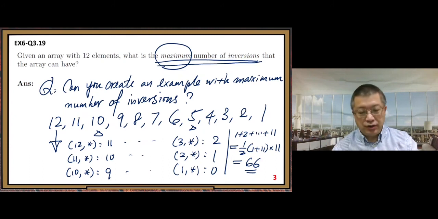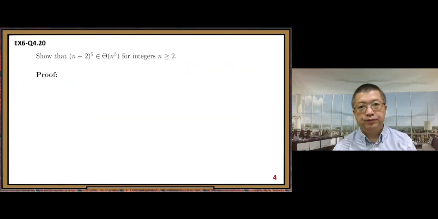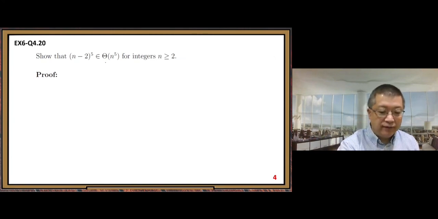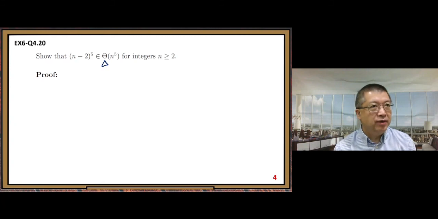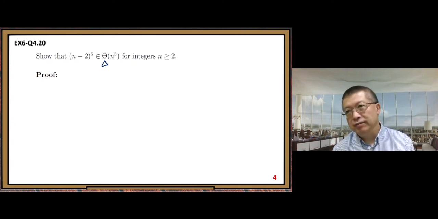Then the last question, number 4. In this question, look at that big theta. Think about something I told you in the previous video: where you see big theta, 90% of the time you can use limit to prove it.